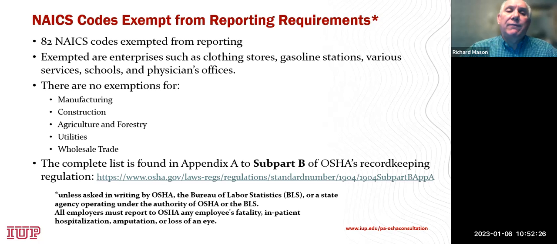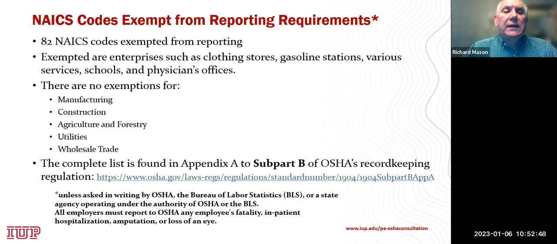If for some reason you're a very rare sort of business or you have trouble with this, you can ask OSHA, you can ask the consultation program for help with determining your NAICS code. But in most cases, your industry is going to be listed in the book in an orderly fashion. You're going to be able to locate it, okay?